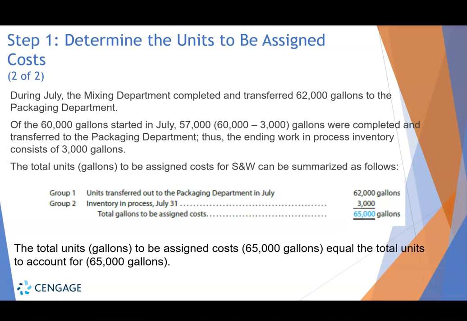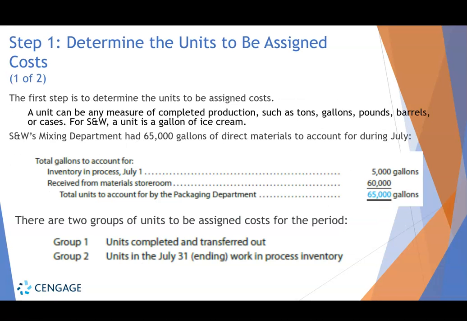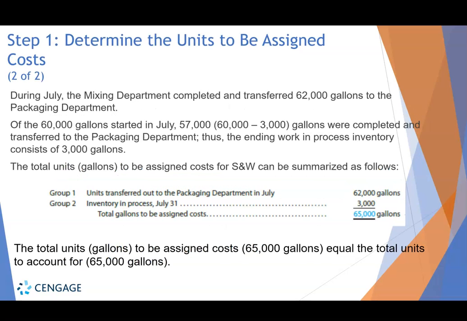So this is a little different because in the previous example that we've done, we would have three groups. We would have the beginning units in process, then the units that were brought in and transferred out at the same time, and then the units on hand at the end.